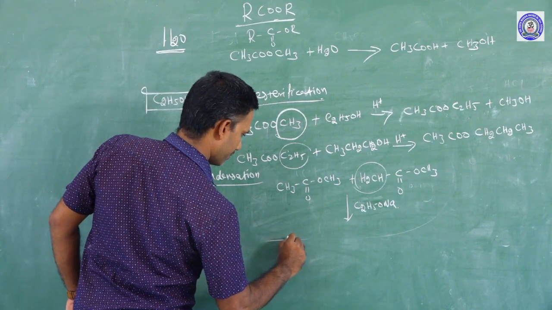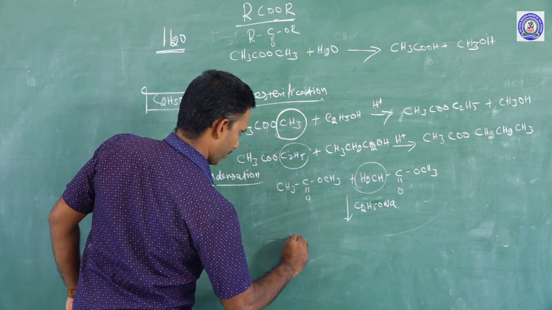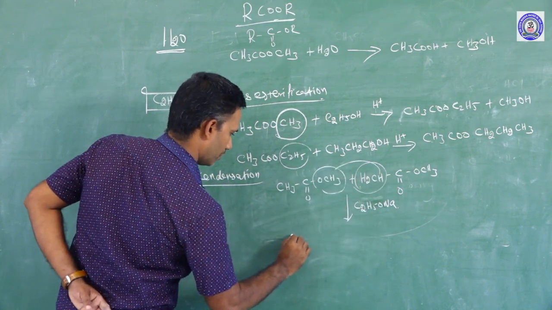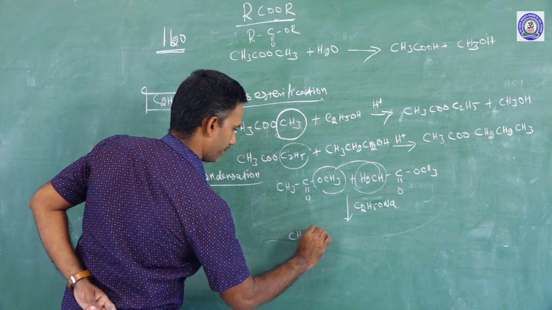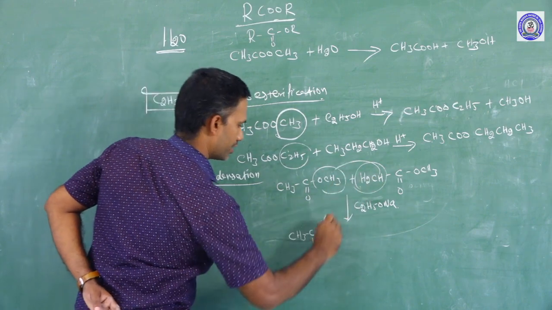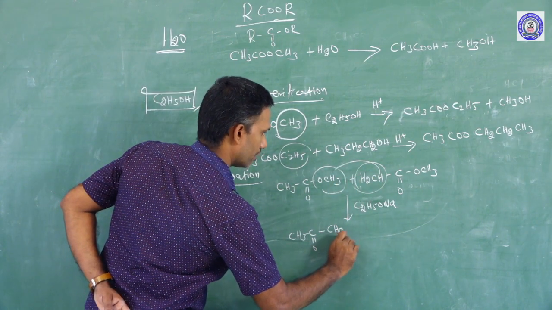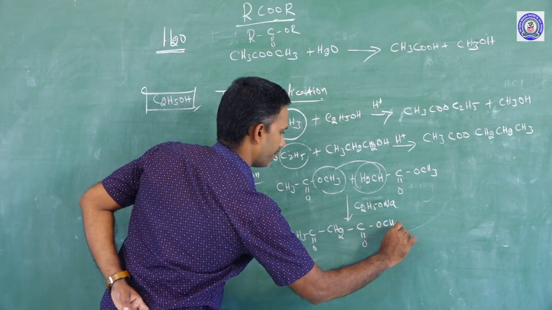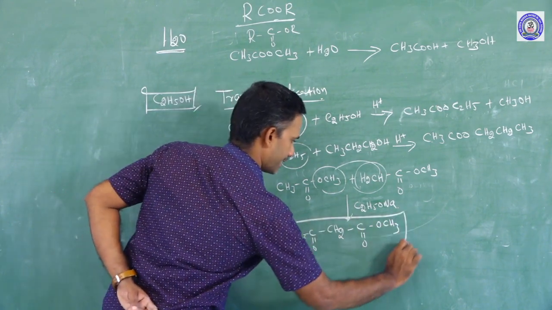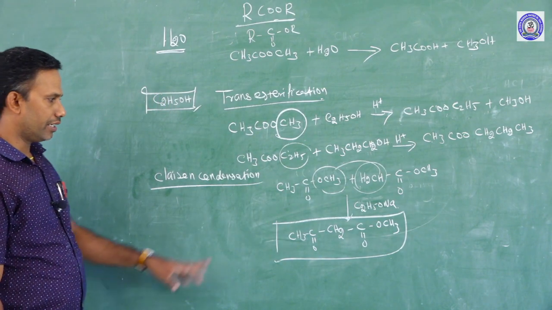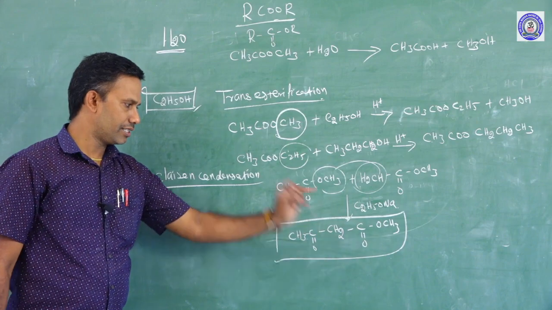What is going to happen? See, this OH part and H part will go away. So CH3, C double bond O, methoxy group and H from there is going out. Then C double bond O, O, CH3. This is ester. This is the product after condensing with each other.